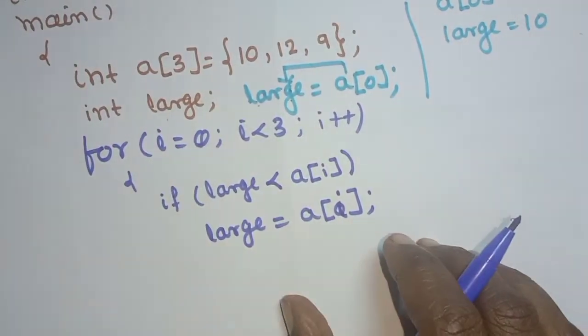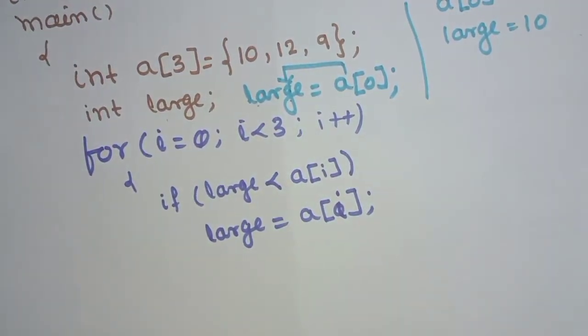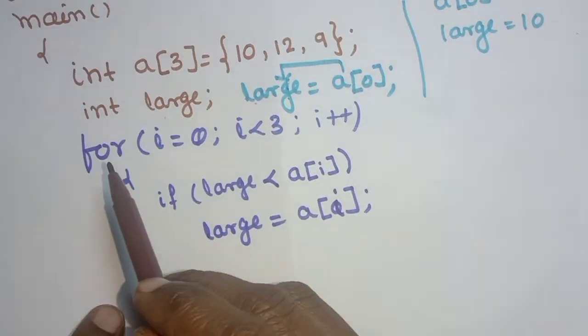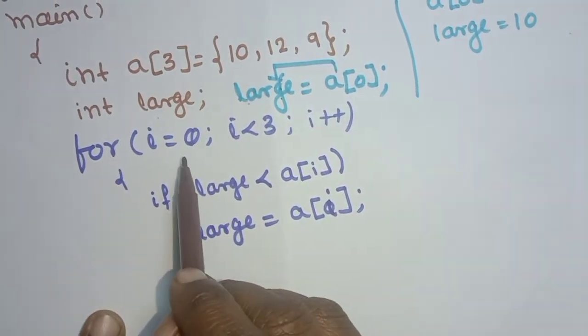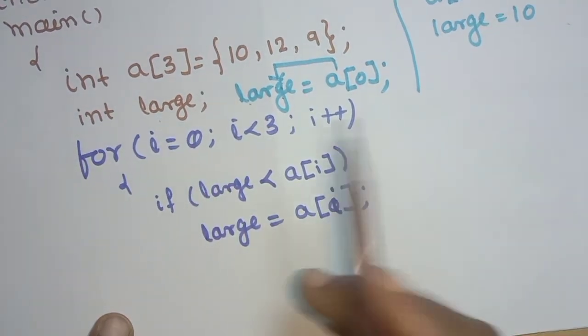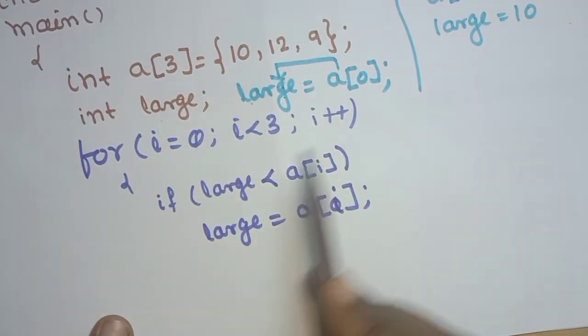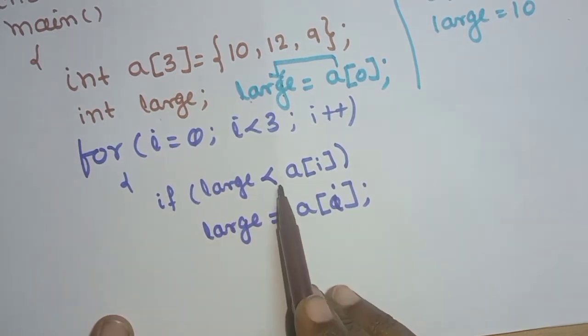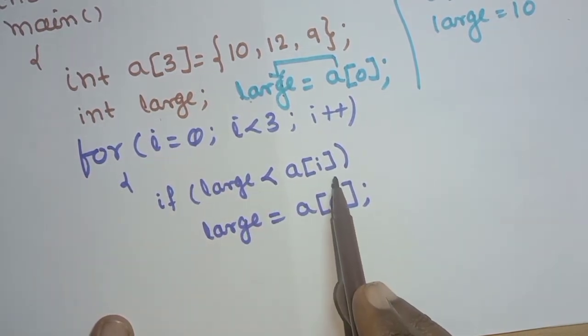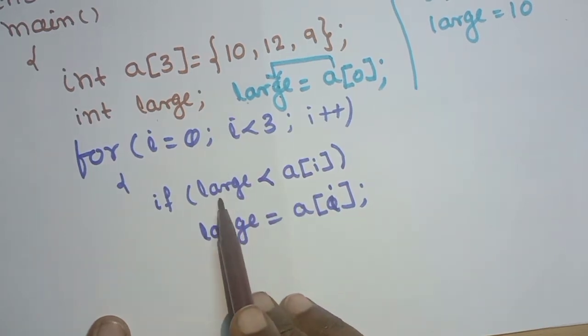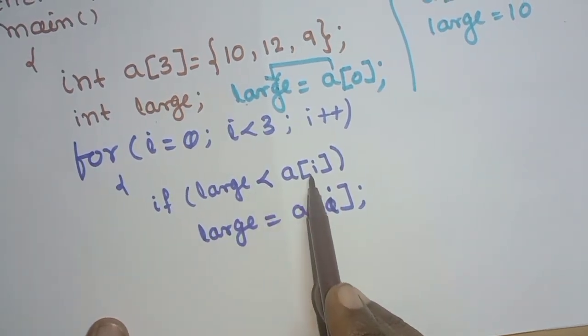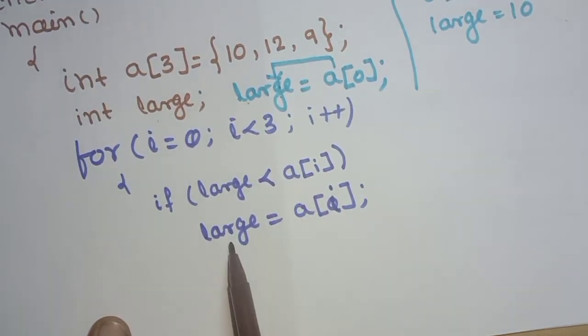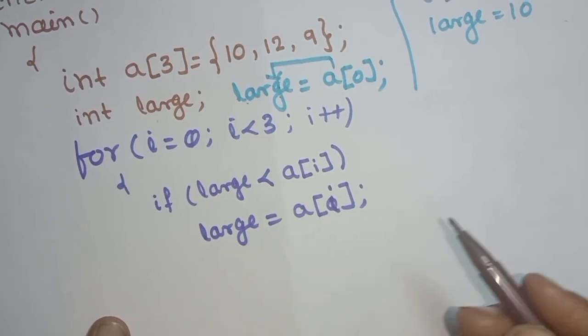I will tell you once again what you should do for finding the largest number. You take for i is equal to 0, i is less than 3, i plus plus. Opening brace. If large is less than a[i], that means this value is less than this one, then we have to replace this is equal to this.